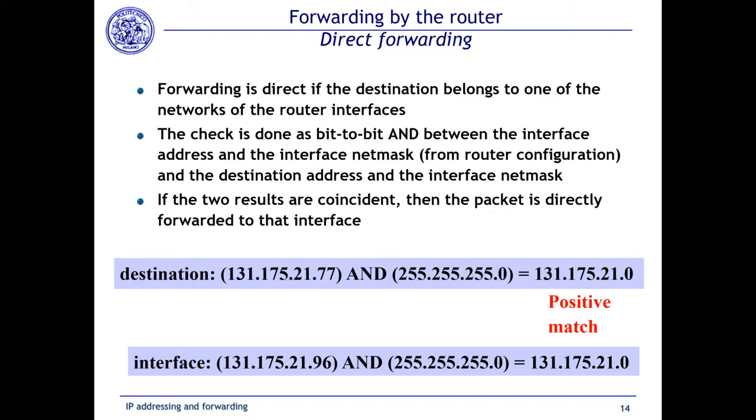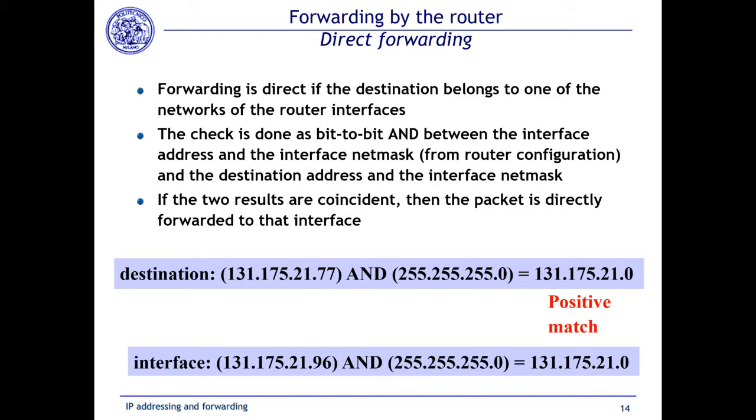How is this done? So when you configure the IP address of an interface, you have to specify an IP address and a net mask. Okay. This net mask specification refers to the interface, not to the received packet. Okay, it is the local interface. The local interface is always configured with an IP address and a net mask.